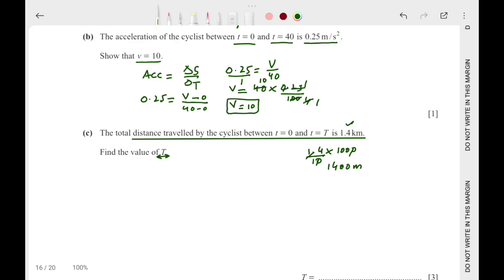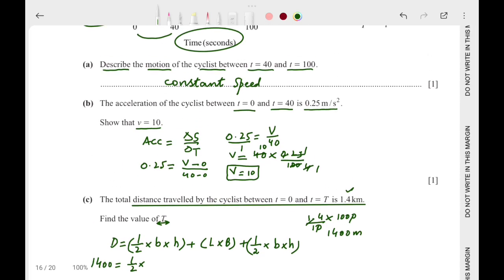So the formula would be distance is equal to, there are two triangles, half into base into height. For the rectangle we can write L multiplied by B, and for the triangle again we can write half into base into height. As there are two triangles and one rectangle, now we'll substitute values. In place of d, that is 1400 is equal to 1 by 2.